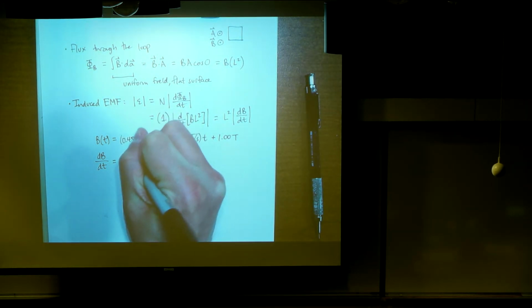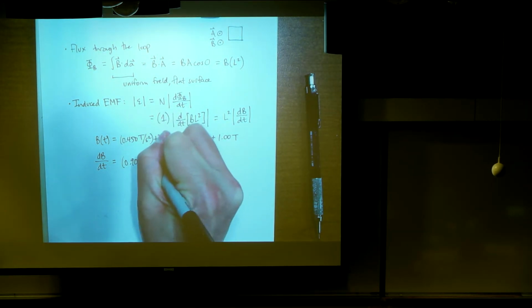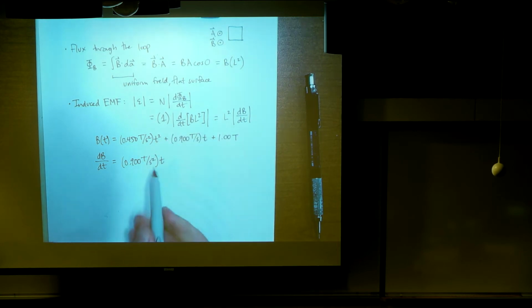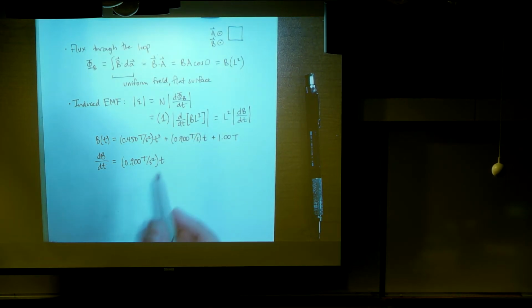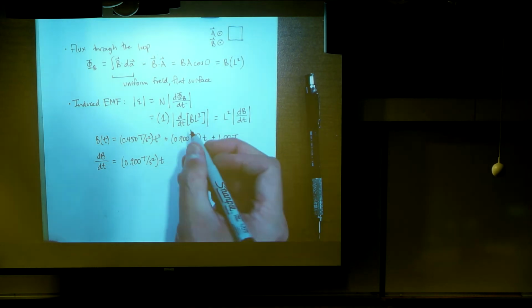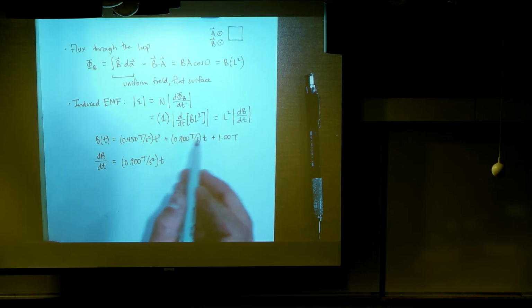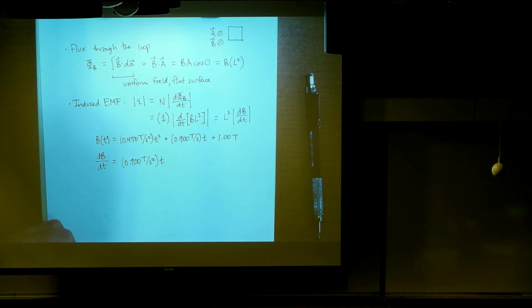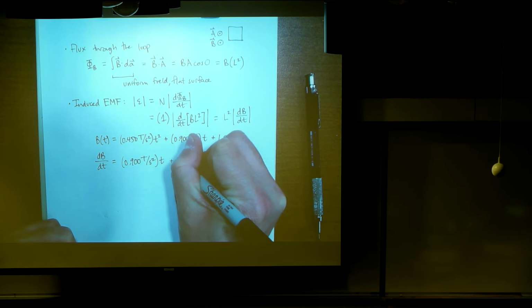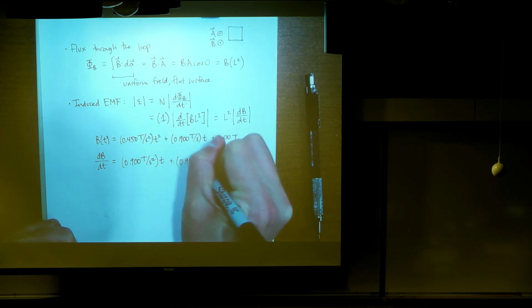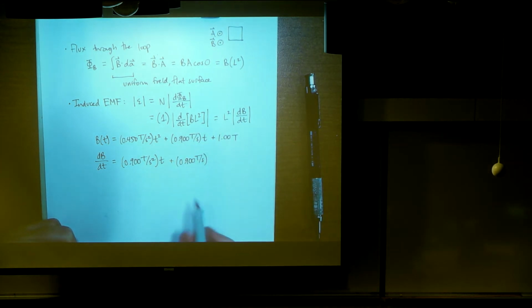So 0.9 Tesla over second squared times t, which is time, okay? All right, now over here I have just some constant times t. What's the derivative of t? Just 1, so I just have that constant, 0.9 Tesla per second. And then for the last term I have a constant. What's the derivative of a constant? 0.